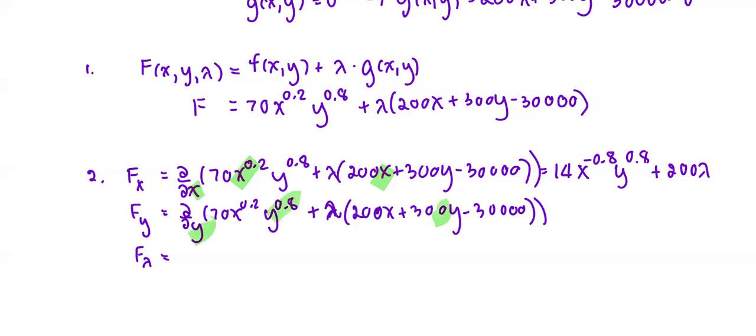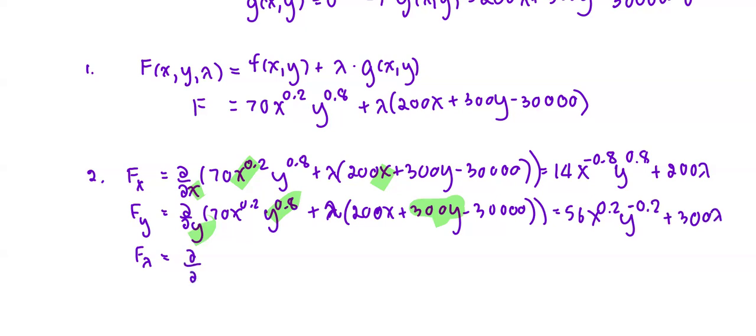Then we get 7 times 8, which is 56, x to the 0.2, y to the power negative 0.2, plus 300 lambda.